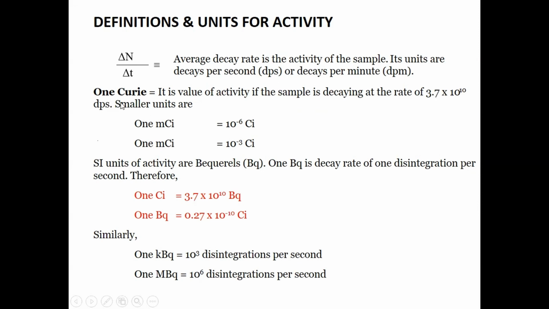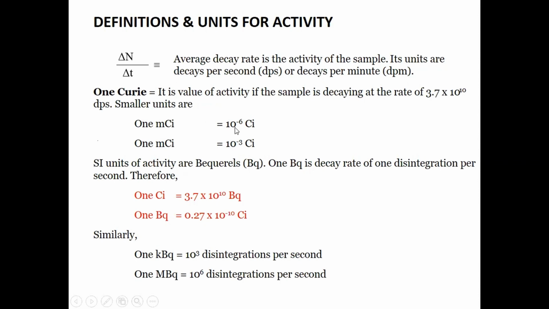Old texts used to write, and still are writing, that 1 curie is the value of radioactivity if the sample is decaying at the rate of 3.7 into 10 to the power 10 decays per second. 3.7 into 10 to the power 10 decays per second are equal to 1 curie.